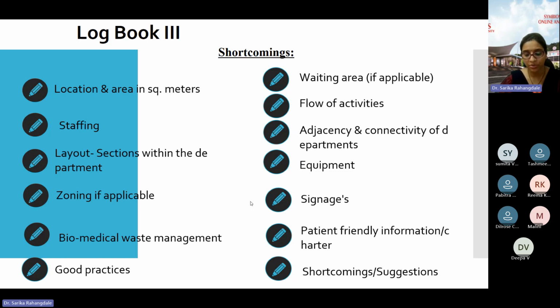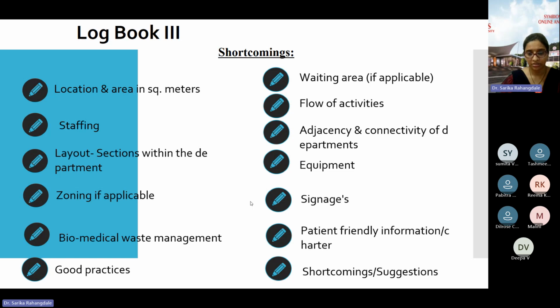Patient friendly information means information which will create awareness among patients and is beneficial for them. If any government health insurance scheme is run by that hospital, they can put up a list, or they can put that Ayushman Bharat is available for the BPL population. So such information is available or not.